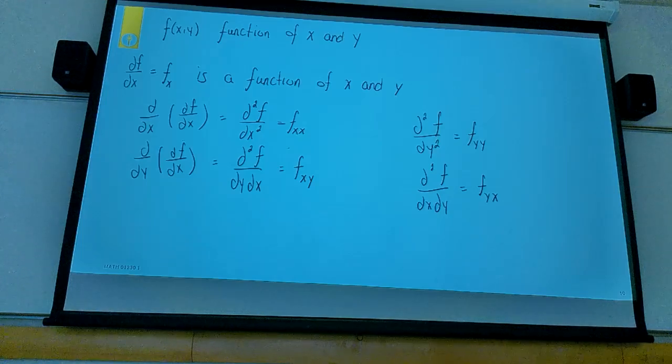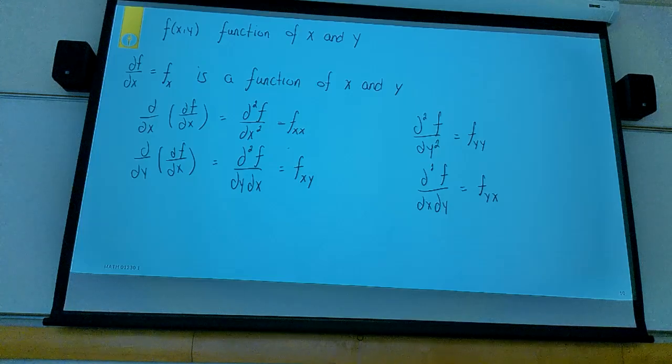There's four. Right? There's four second order partials. Are they all distinct? They're not.